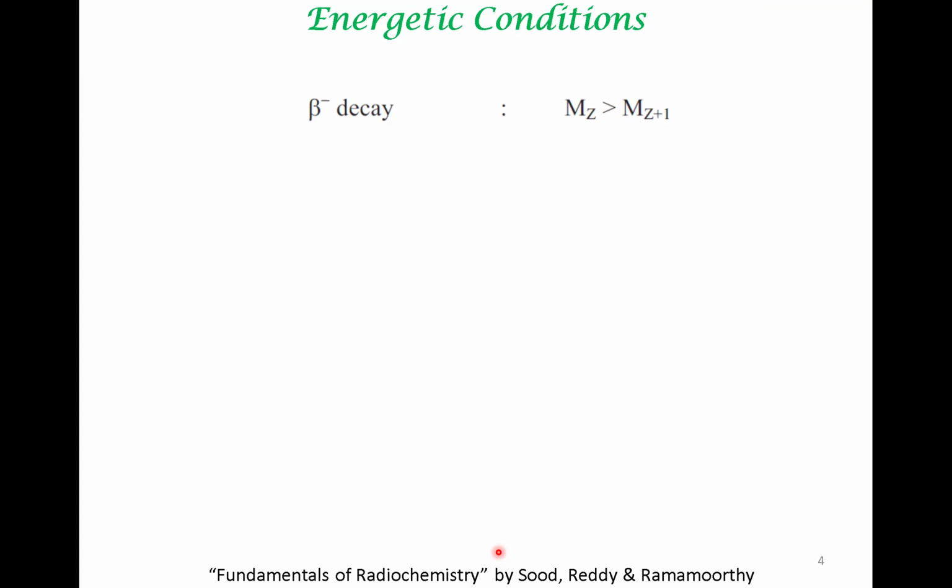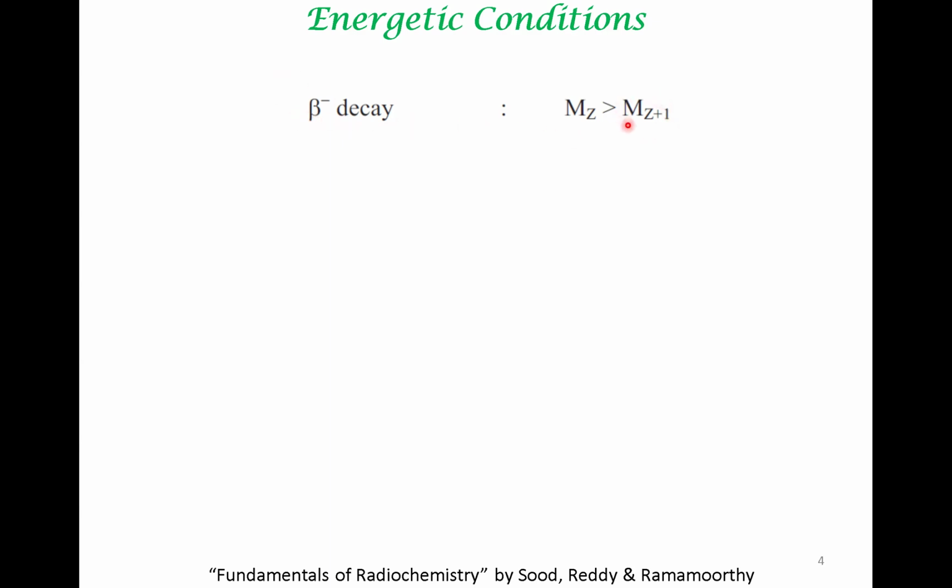So again, when you have a beta decay, as I've emphasized many times over, there is an energetic condition. Let's say, for beta minus decay, the products should have lesser energy than the reactants. For beta minus decay, when an electron is being given off, a neutron in the nucleus is getting converted to a proton and this beta minus particle.